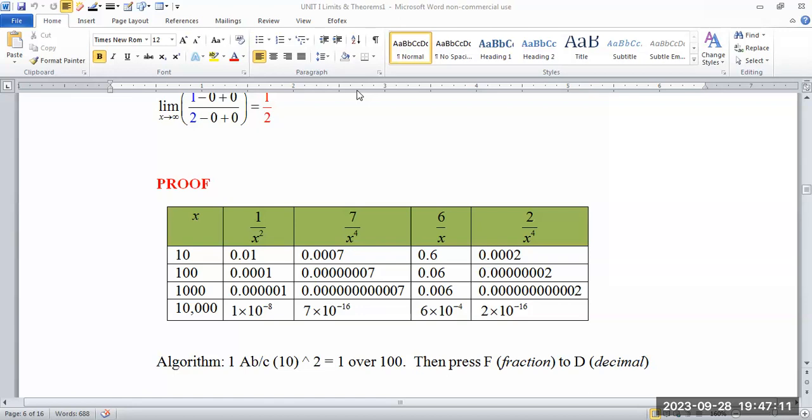So two of them going fastest: the 7 over x to the 4th as well as the 2 over x to the 4th, going to zero at the same pace. Why? Because the more zeros it contains... Yeah, but look at the function and tell me why they're going at the same pace.